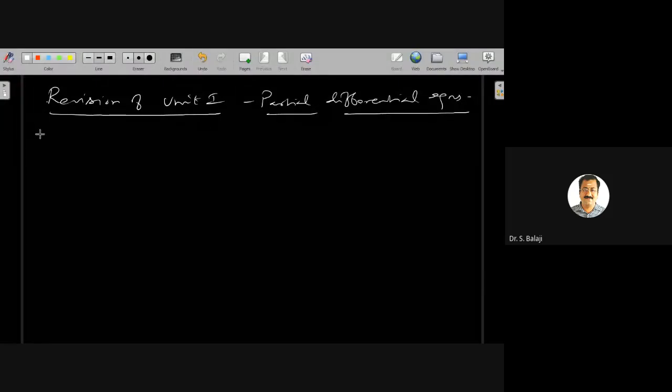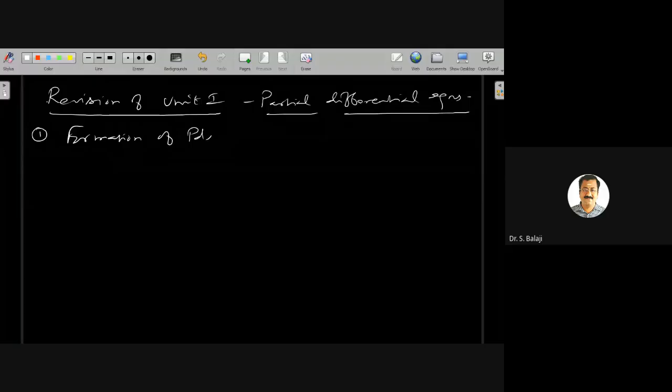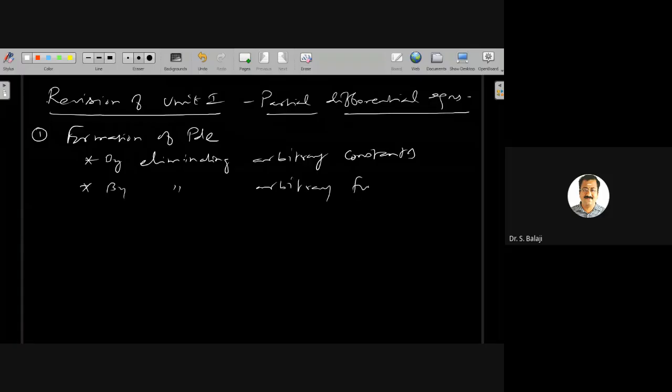The first concept we started with is the formation of PDE by eliminating arbitrary constants. And the second one is by eliminating arbitrary functions.